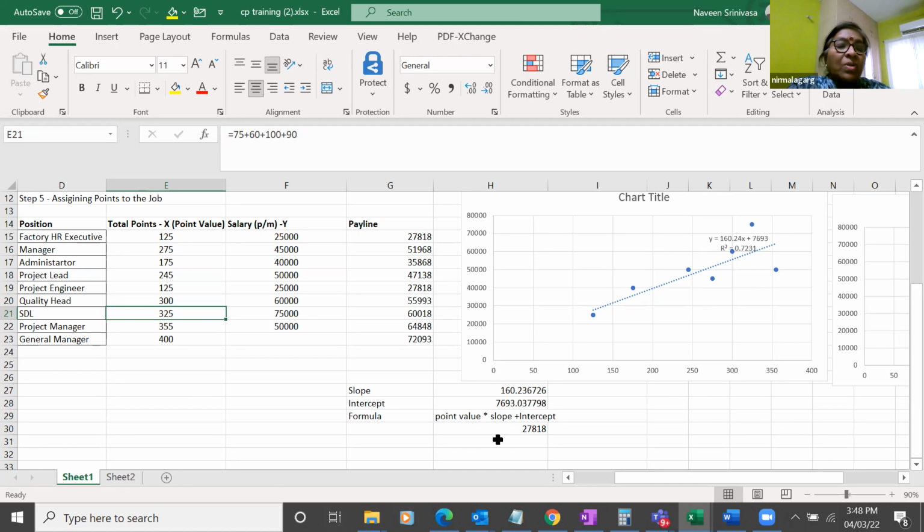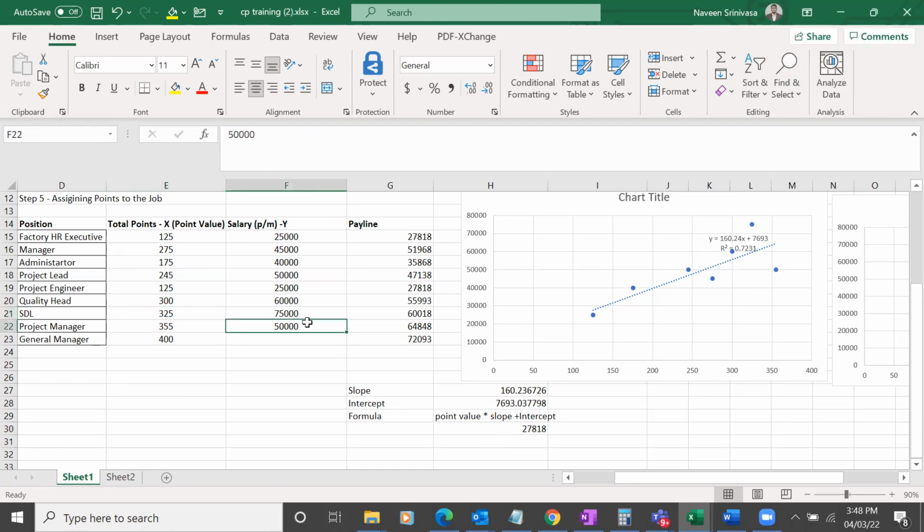Then what is this? 320, 350, let me see, 70,000. 75,000. 355 you are giving 50,000. Have you seen? Yes, sir. And 325 points you are giving 75,000.